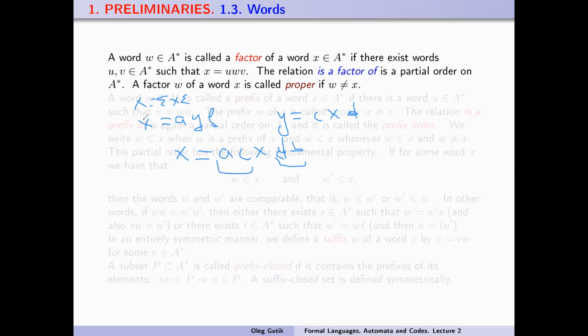This implies that x is equal y, and hence the property of antisymmetry holds for this relation.